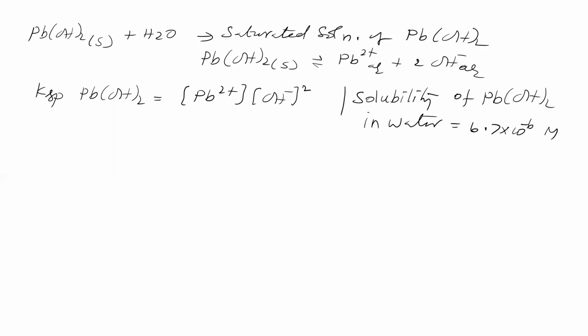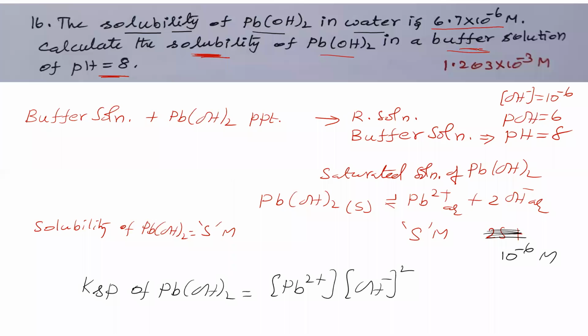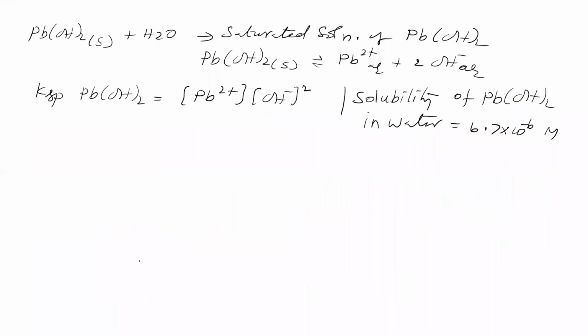Now, if Pb(OH)₂ completely dissociates, then the concentration of Pb²⁺ is S molar and the concentration of OH⁻ is 2S molar, and then this is squared.